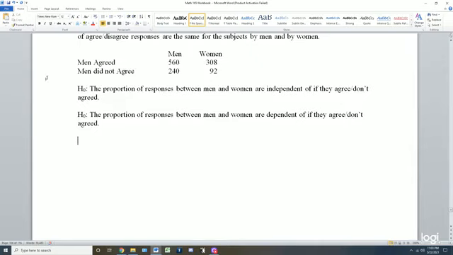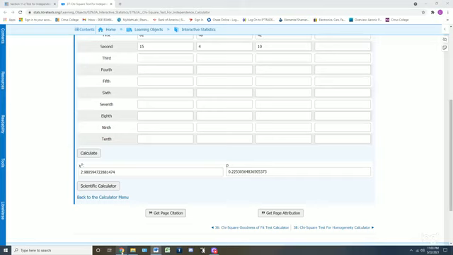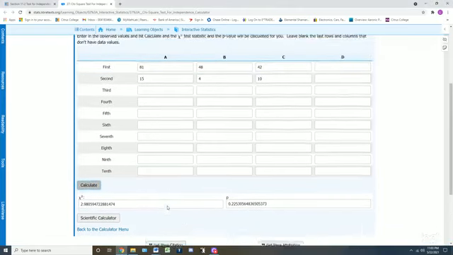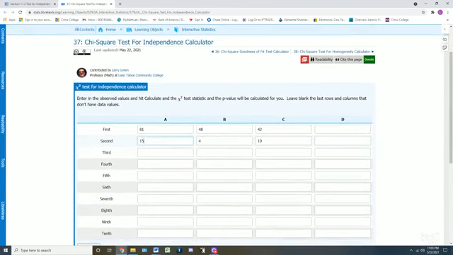Okay, there we go. Now we go on to our test stat. Our test stat is a chi-squared value, so I'll just put that for short there. In this case, we're just going to plug it in. So go back to our website. We're going to plug in all this respectively. I don't think there's a clear button, so it's fine, just delete these values.